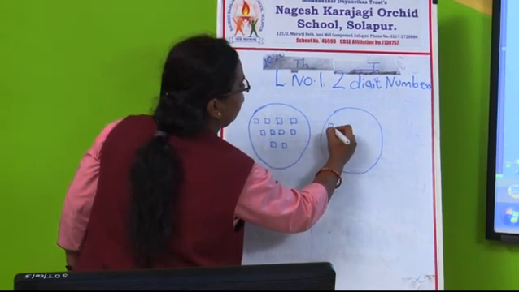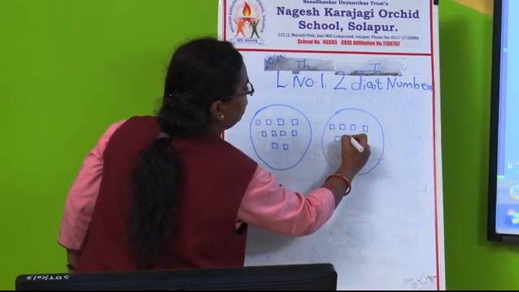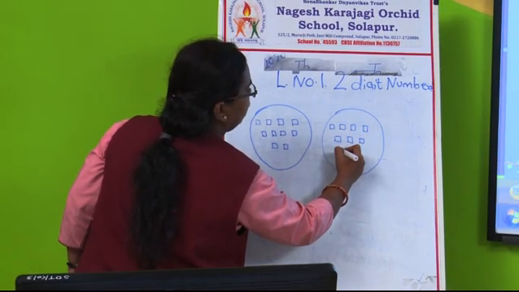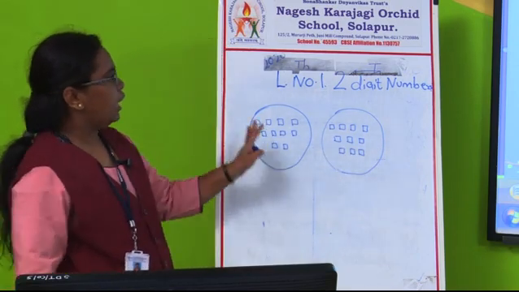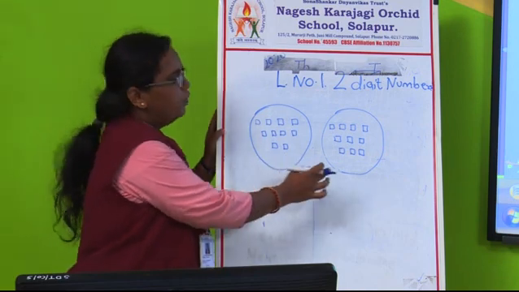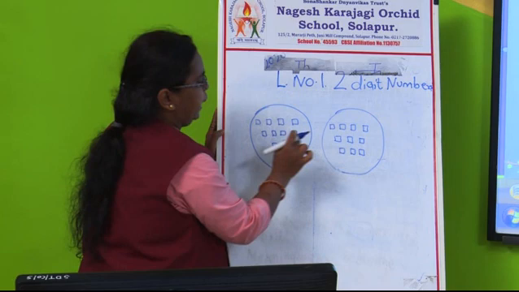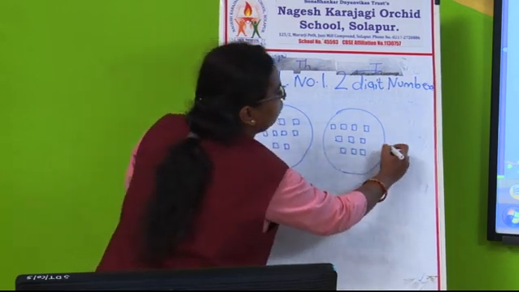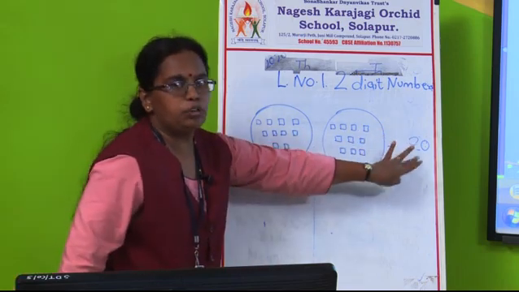Here also 1, 2, 3, 4, 5, 6, 7, 8, 9, 10. Now, in each circle there are 10 boxes. So this is 10 and this is 10. 10 and 10 is equal to 20. Okay. 10 plus 10 is 20.